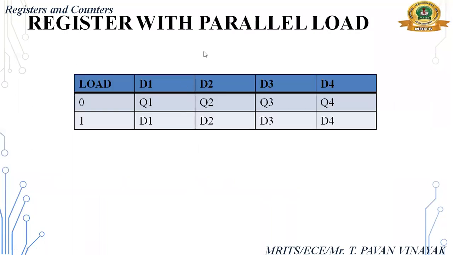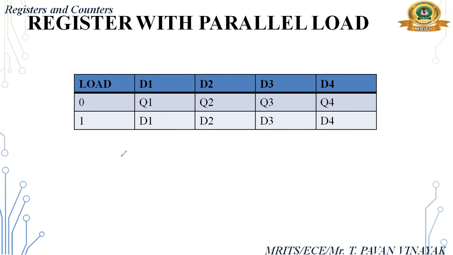When load is 0, storing data means Q1 is given to D1, Q2 is given to D2, Q3 is given to D3, Q4 is given to D4. This is storing, right?